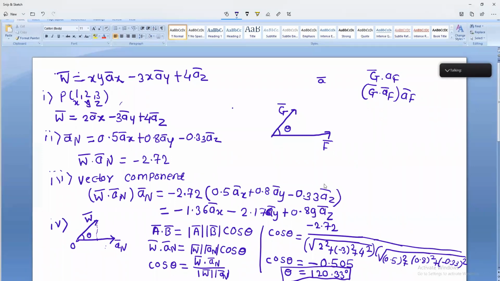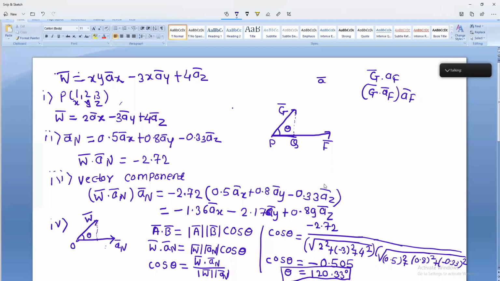If this g bar is projected on this vector f bar, and consider this as point P and Q, then this is called the length of projection, or it is also called scalar projection.